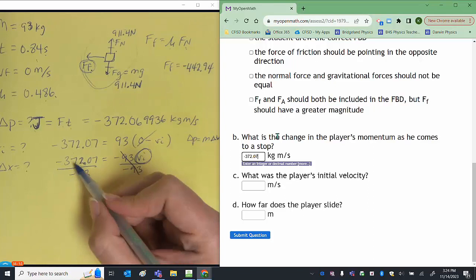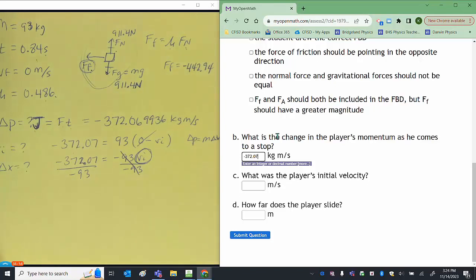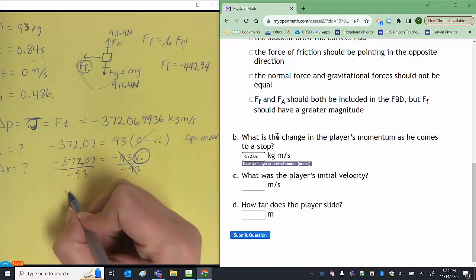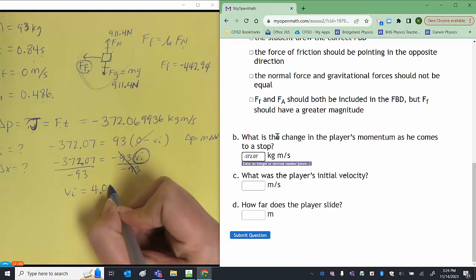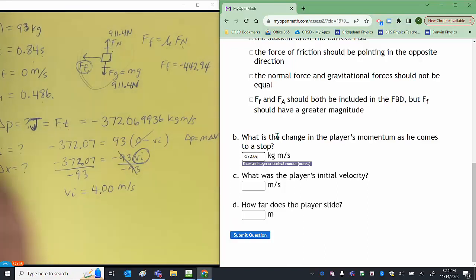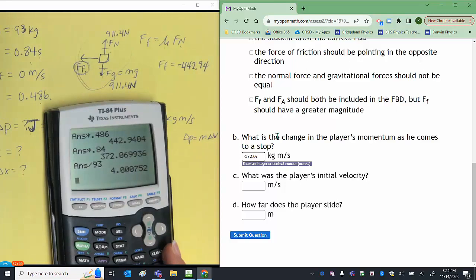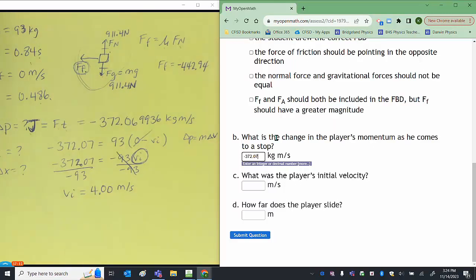My negatives here cancel, so it's just 372.07 divided by 93. And again, that gives me an initial velocity, VI, of 4.00 meters per second. And again, I did round, but it's 4.00752. So our initial velocity, 4.